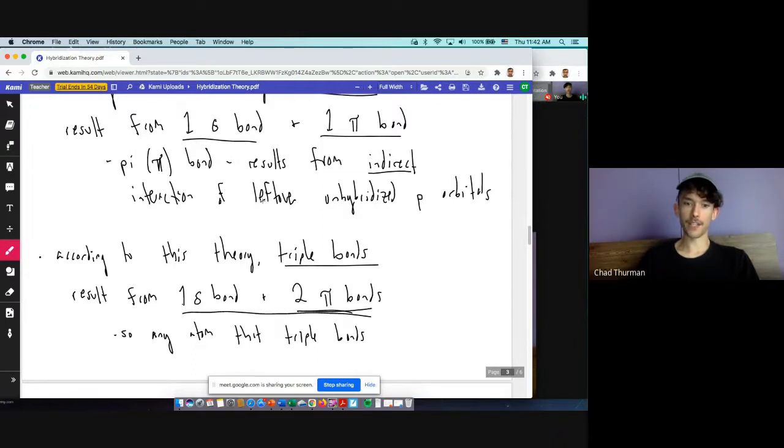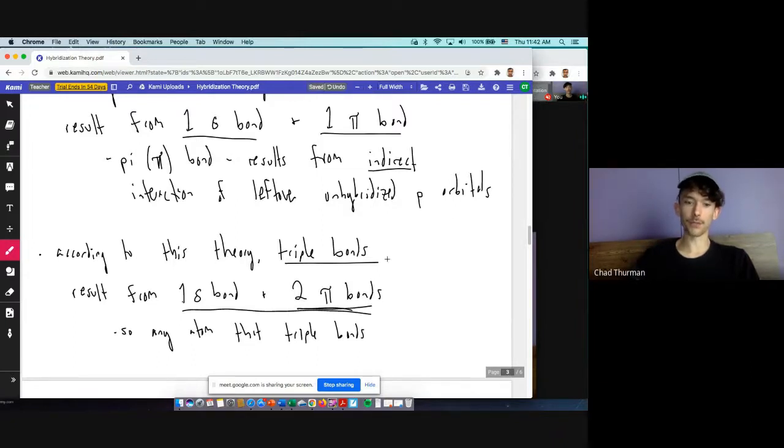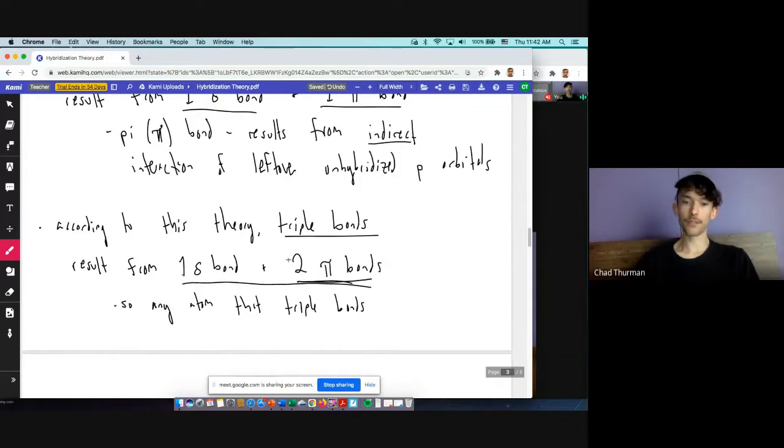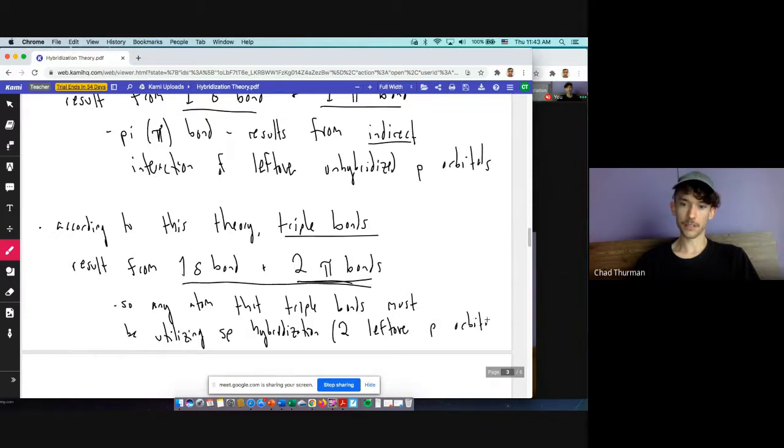It's the interaction of leftover unhybridized p orbitals. If we're forming two of those to make a triple bond, any atom that triple bonds must be utilizing sp hybridization, because that's how we're going to get those two leftover p orbitals to form our two pi bonds.